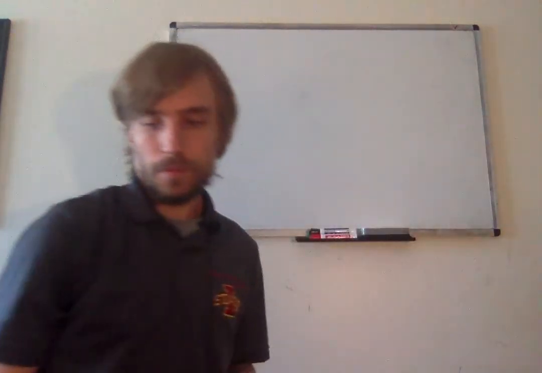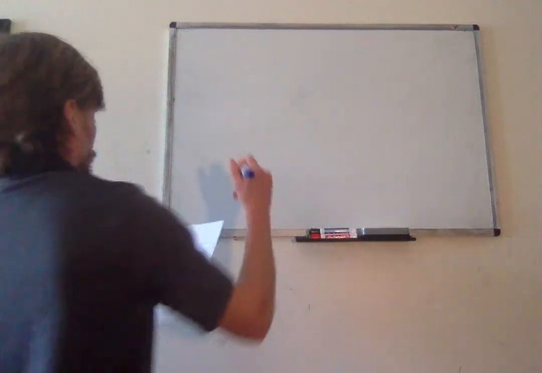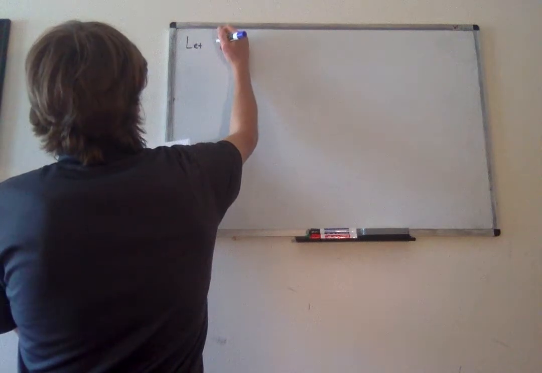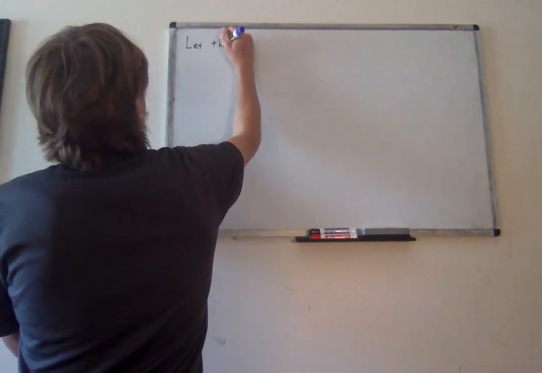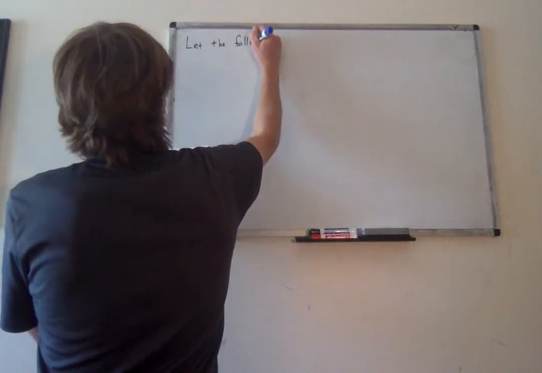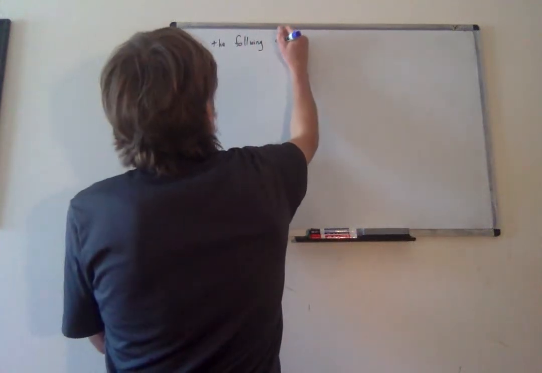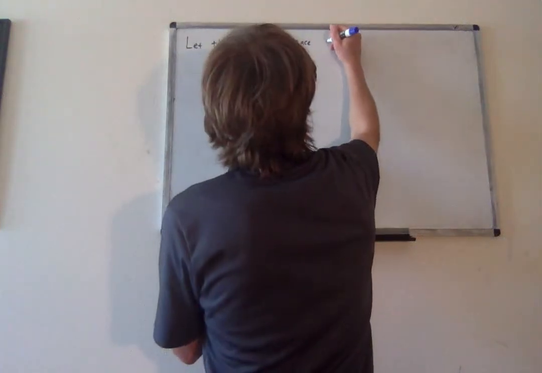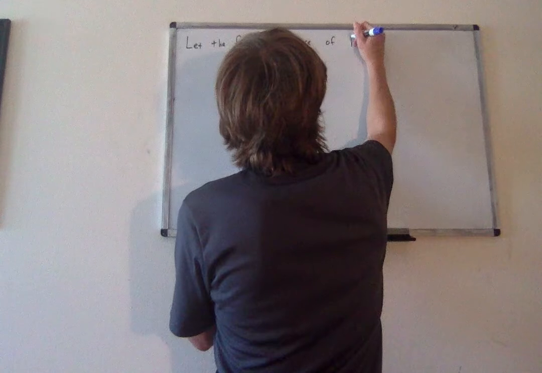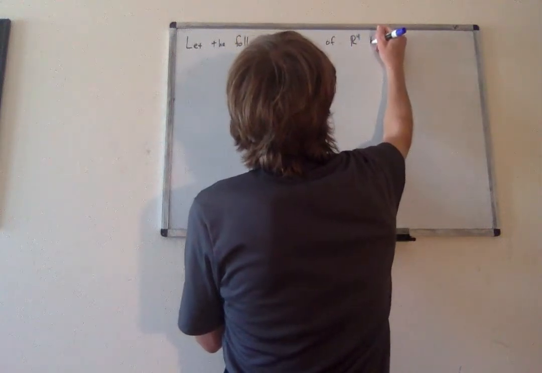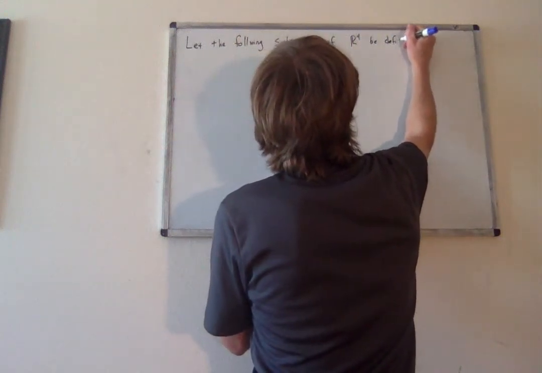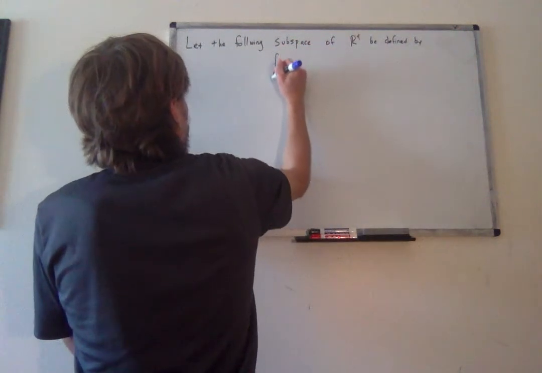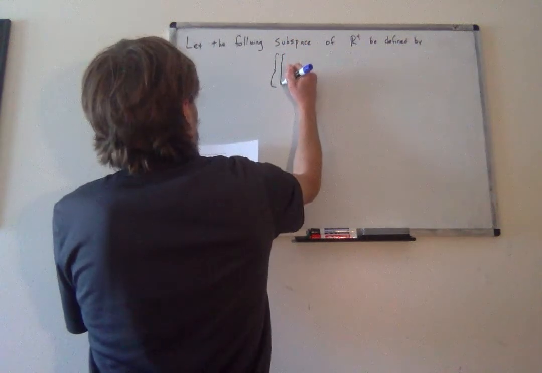So we're going to let the following subspace of R4 be defined by, and what this is going to be is the set of all vectors that look like the following.